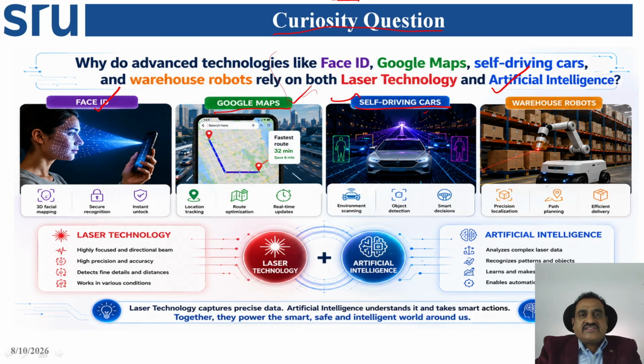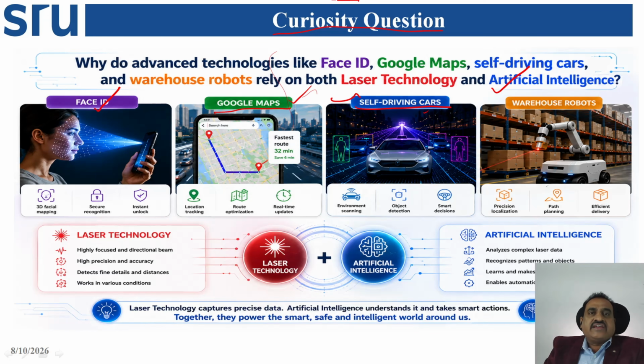All these technologies involve sensing, data processing and intelligent decision making. Laser technology can provide very accurate information about distance, position, and objects.